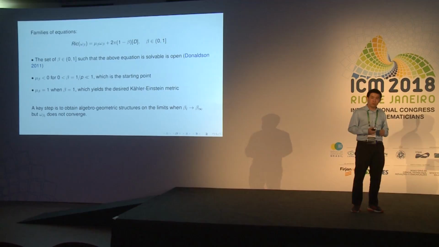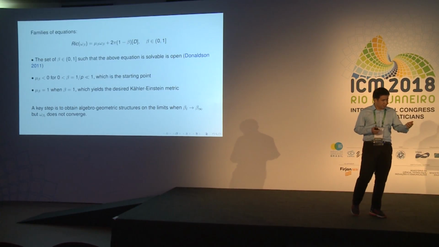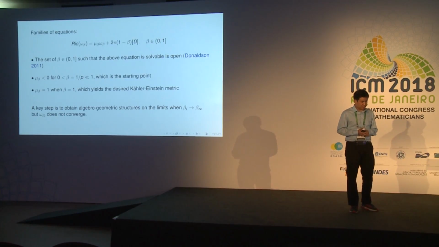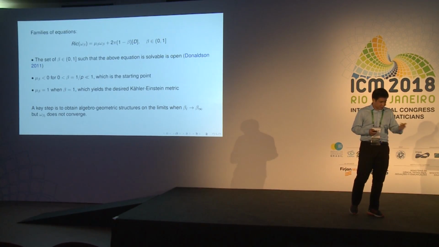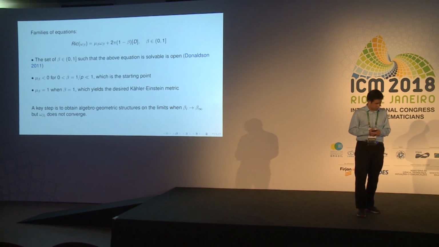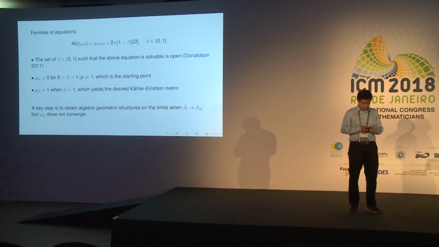And if you ignore the D, away from D this equation says omega beta is exactly Kähler-Einstein. You want the Einstein constant to be negative, and this we know.